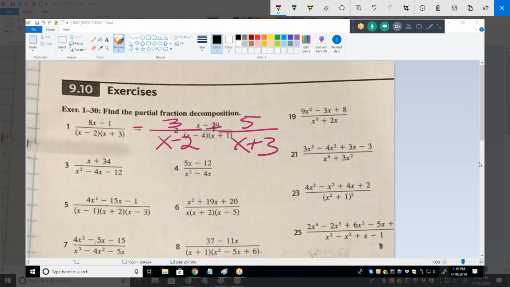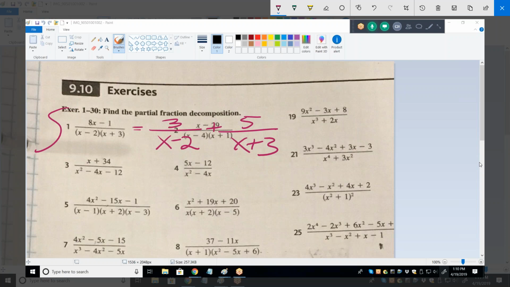Now, why do we care? The reason we care is because when you get to calculus, it's extremely difficult to take the integral of that function. Calculus is differentiation and integration.